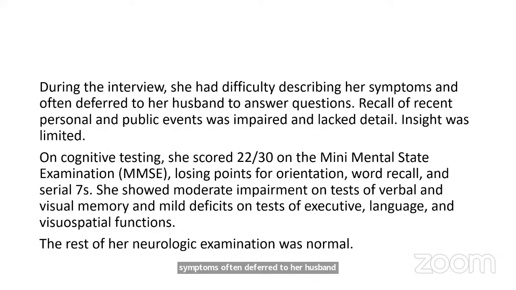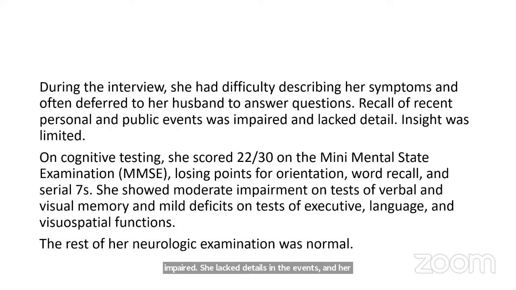This is a very common sign in people with dementia. When you ask them, they look at their companion, asking for help or deferring the questions to them. Her recall of recent events and public events was impaired. She lacked details in the events, and her insight was limited. She was not aware that she had problems.